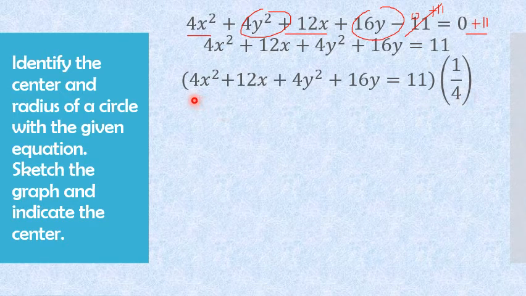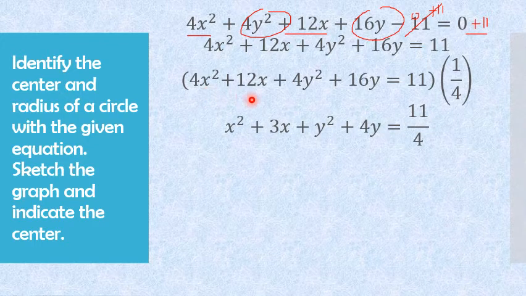Okay? So, to do that, 4x squared divided by 4 is x squared. 12x divided by 4 is 3x. Then 4y squared divided by 4 is equal to y squared plus 16y divided by 4, we have 4y. And 11 divided by 4 is equal to 11 over 4.